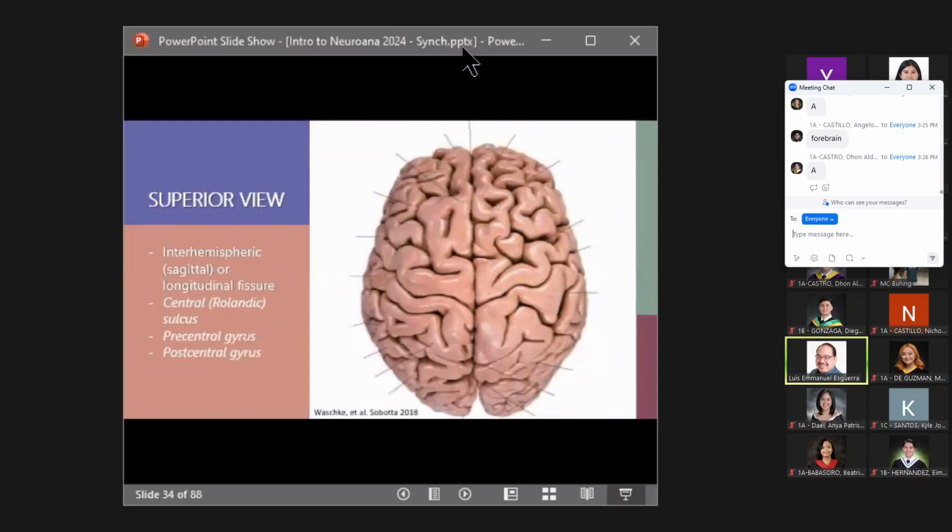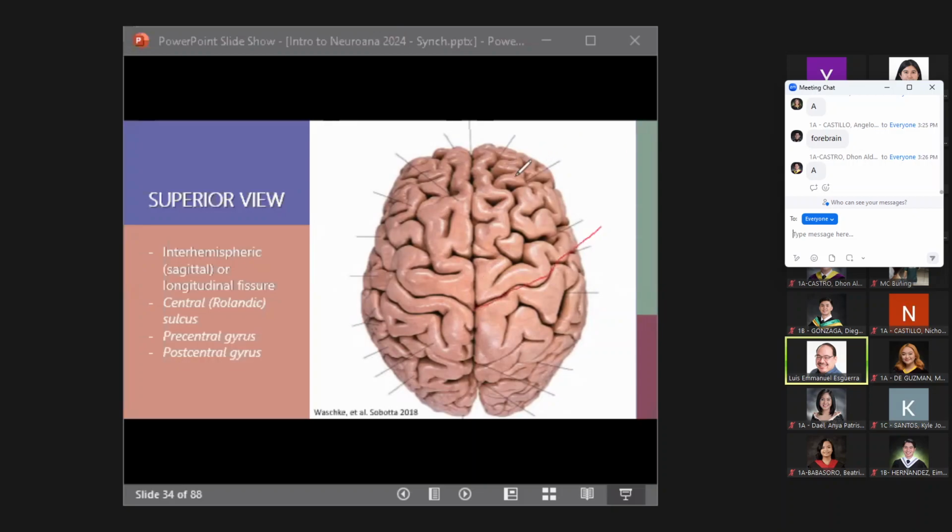Then in superior view, you have again the interhemispheric sulcus, fissure or longitudinal fissure, and here you could also see the central sulcus. In this image, you have to identify the central sulcus, which is this one. This is the most prominent one. That's the central sulcus.